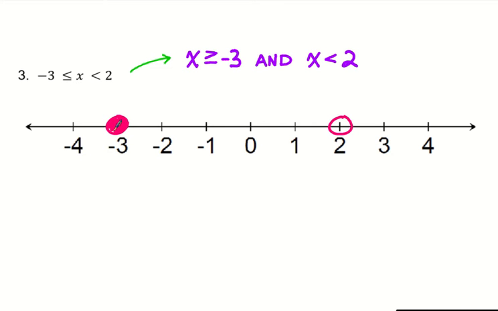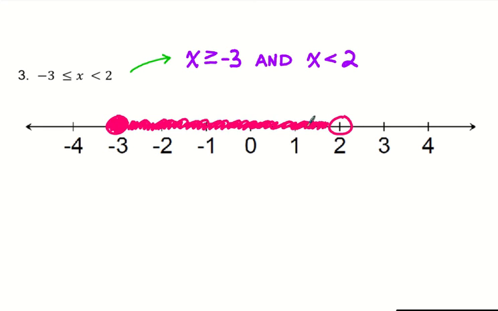And look, I know I just got done saying, and it's not like I was wrong or anything, that we're going to basically shade in between these 2 circles. But technically, don't forget that this is technically 2 different graphs that combine together to make one combined graph. So greater than or equal to negative 3 technically, but also less than 2, 2 separate graphs that basically make one final graph together.